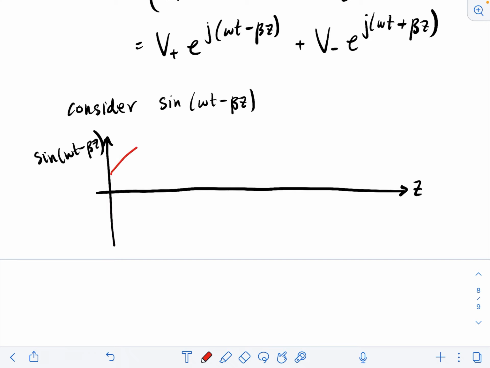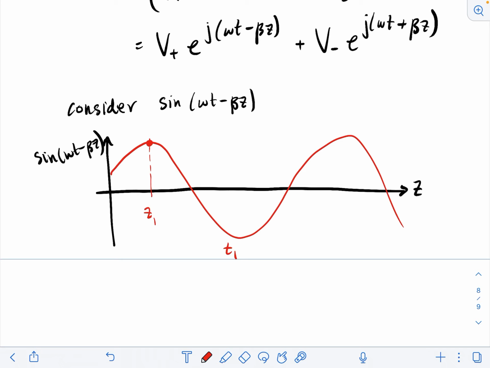Let's suppose that over here is some position z1, and at this time t1 and this position z1, our sine function is going through a maximum.